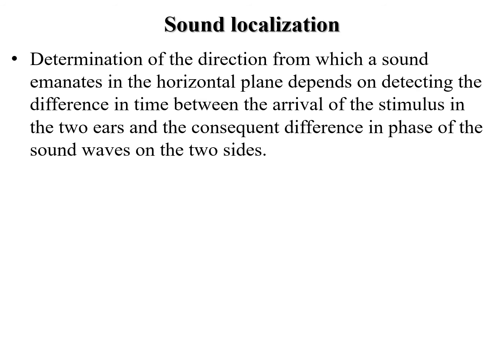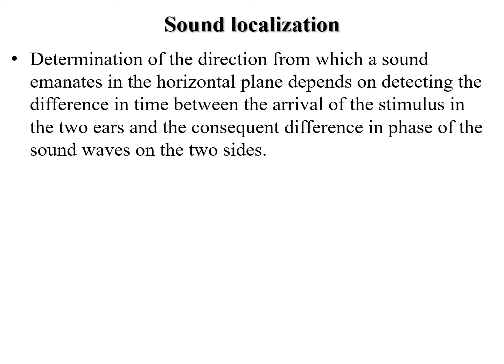Now, determination of the direction from which a sound emanates in the horizontal plane depends on two factors. One is detecting the difference in time between the arrival of the stimulus in the two ears. Meaning the sound will either come from the right or left.